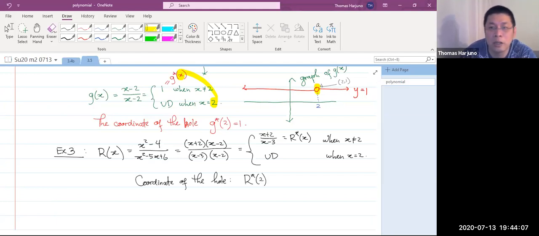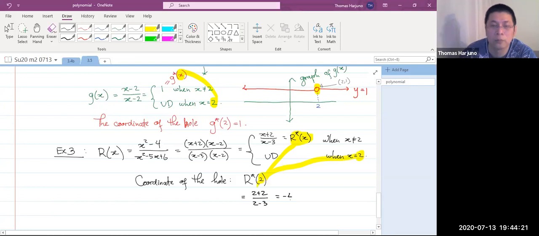So I plug this 2 in here. That's (2 plus 2) over (2 minus 3), that's negative 4. So the coordinate of the hole will be (2, negative 4). And we will graph this function later on.